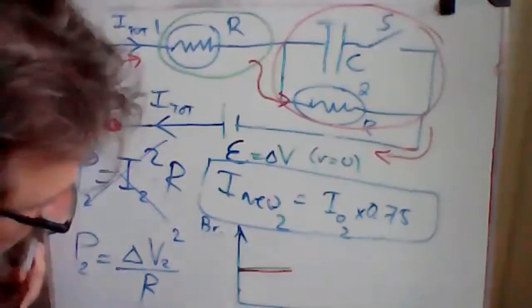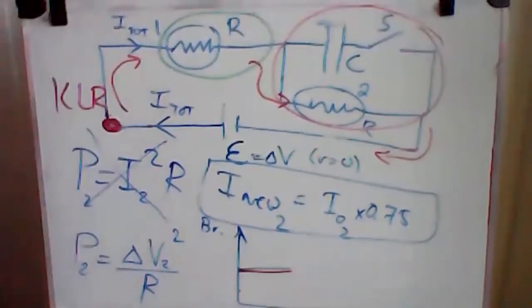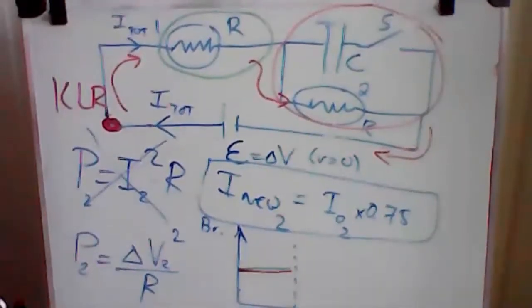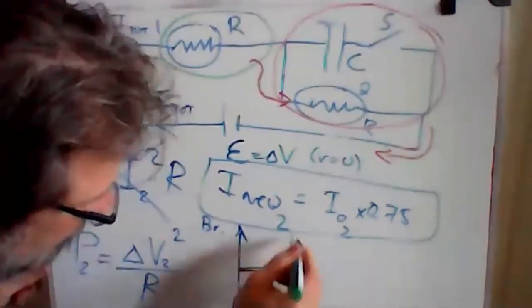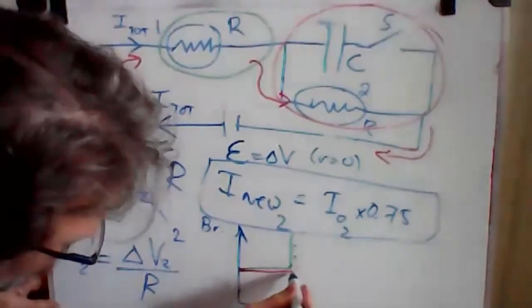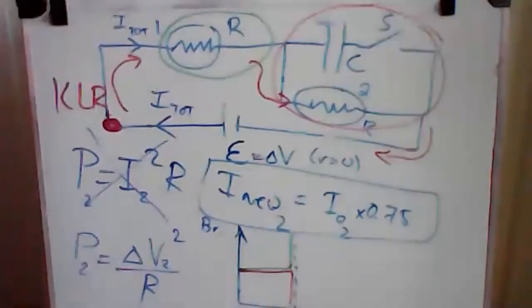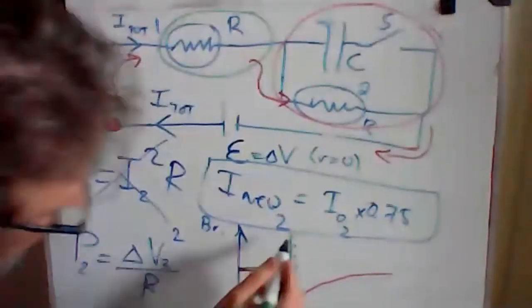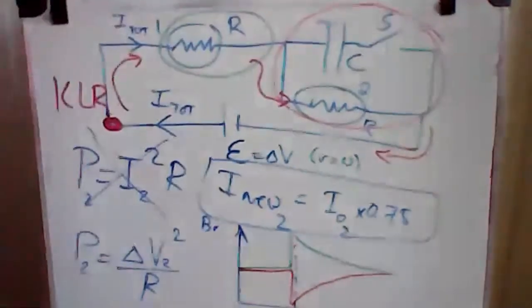And then when the switch is closed, the green bulb jumps up in brightness and the red bulb jumps down in brightness. Make sense? And then the red bulb will slowly increase to the same level again, and the green bulb will kind of decrease to the same level.